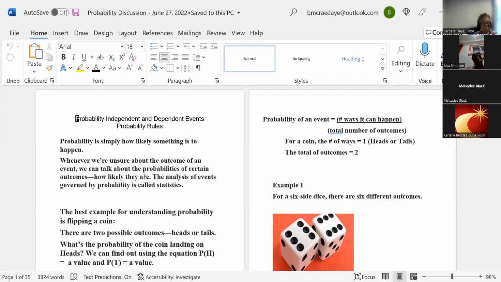Now, probability can be given as ratios, as percents, or as fractions. It's saying how likely something is. How likely would it be for you to hit the Powerball? I would say 100 to 1.